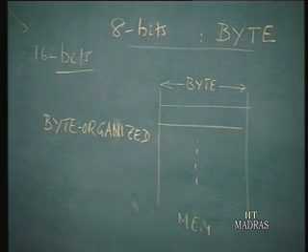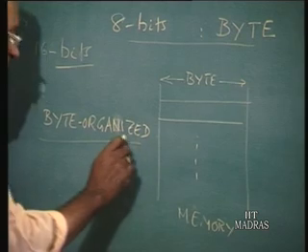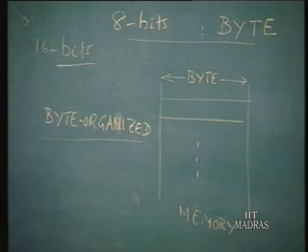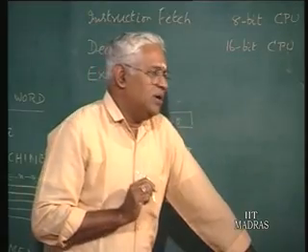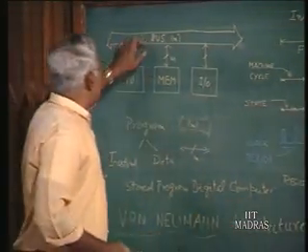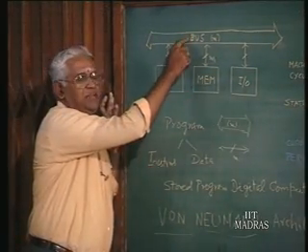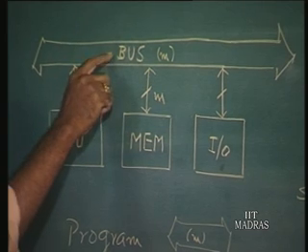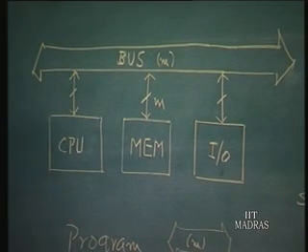Good. So generally what we have these days is a byte organized memory, in which case the memory is going to hold the data in units of bytes. Similarly the bus will generally be capable of transferring 8-bit, 16-bit or 32-bit data, and the CPU also may be an 8-bit, 16-bit or 32-bit CPU.